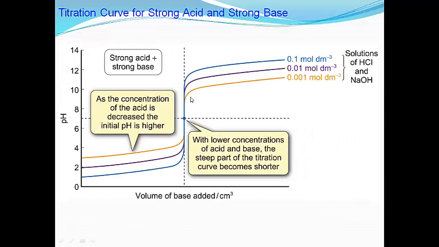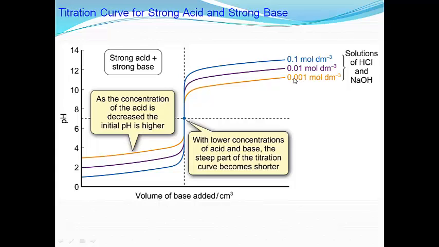Now, this set of titration curves shows differences with respect to concentrations of both our HCl and our sodium hydroxide. And let us highlight some interesting things that appear. What we find is that the lower the concentration of our solutions, the higher the starting pH.